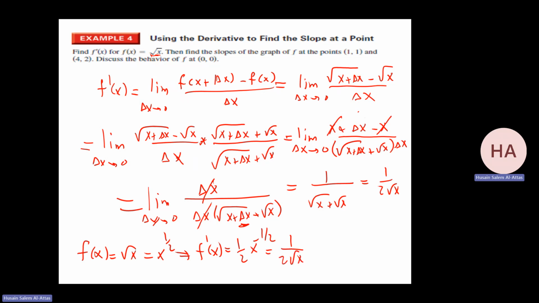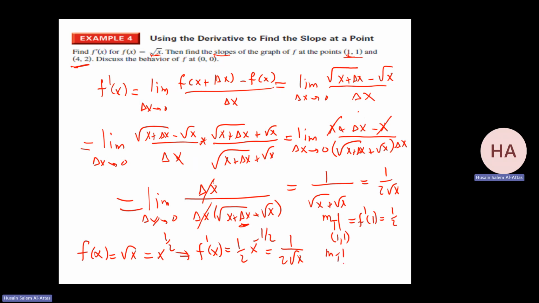Now he wants to find the slopes at different points. At the point 1 and 1, the slope of the tangent, f prime at 1, is 1 over 2.